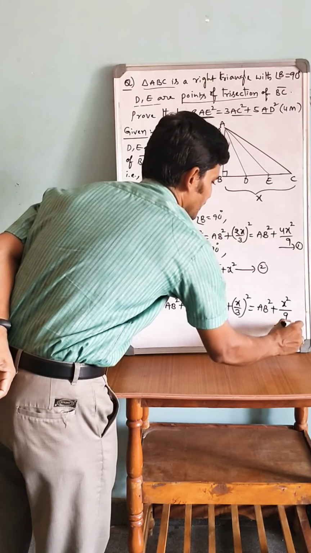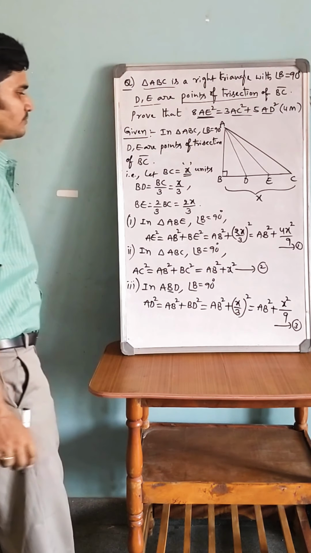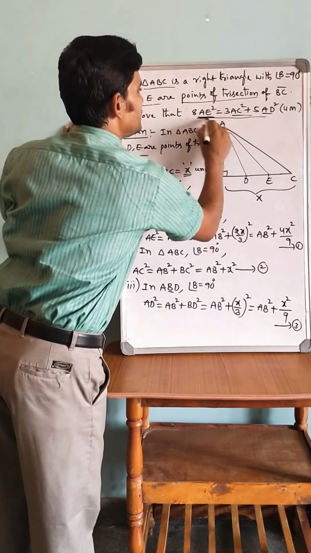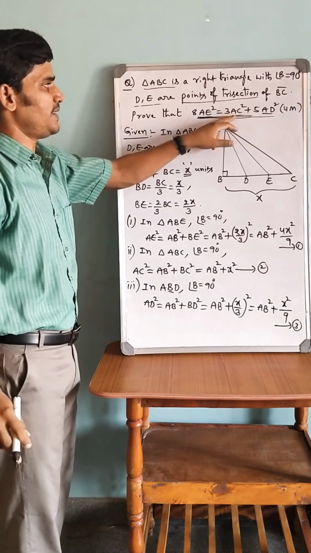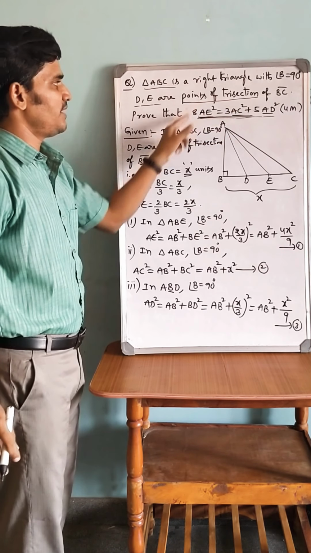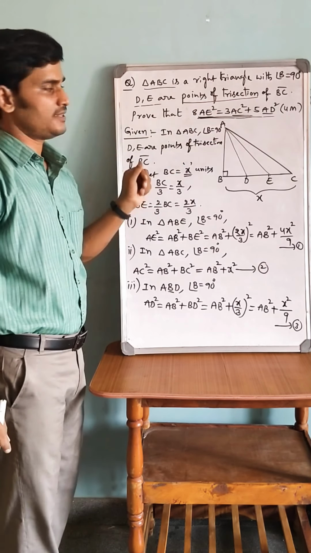Let it be equation 3. Now you have to prove 8 times AE square is equal to 3 times AC square plus 5 times AD square. If you bring all these things into LHS, then 8AE square minus 3AC square minus 5AD square is equal to 0. So let us prove in that way.